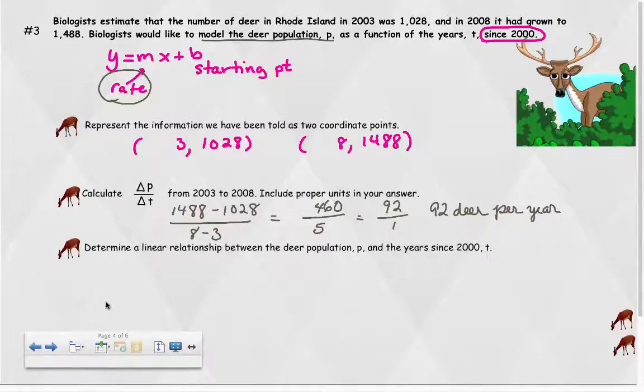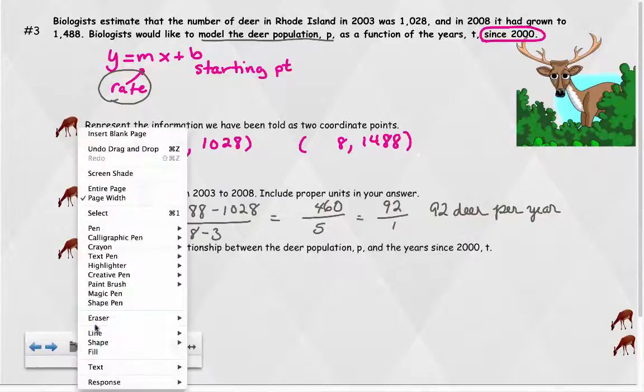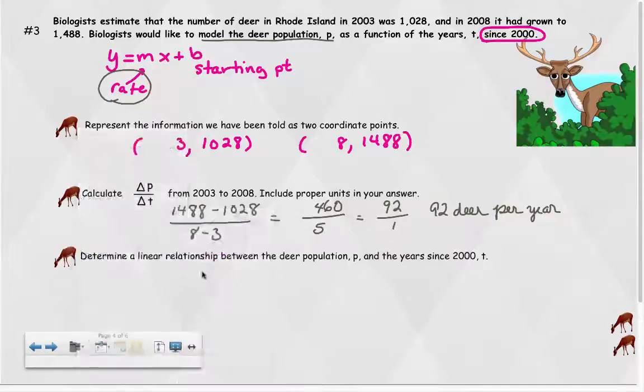Anyway, determine a linear relationship between the deer population, P, and the years since 2000, T. Oh, wait, now they actually want us to write the equation of the line. Awesome. Okay, so I'm going to change back to my pretty pink pen.